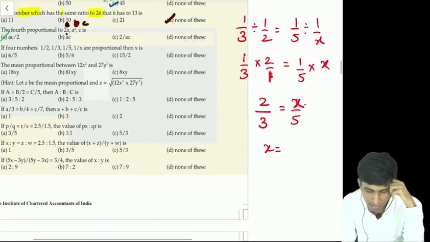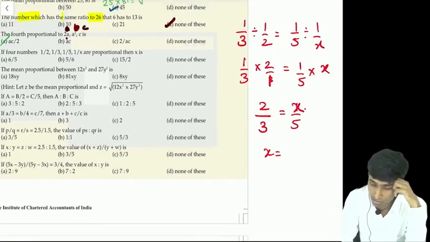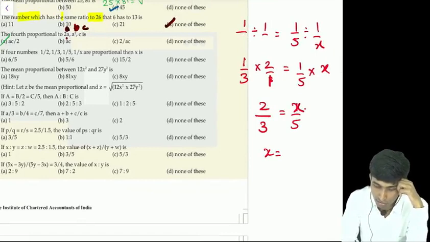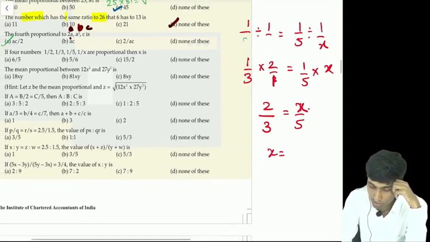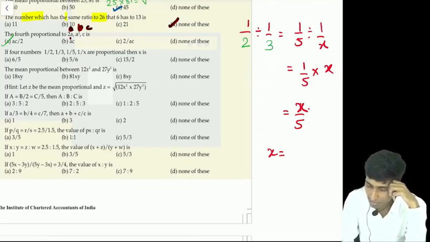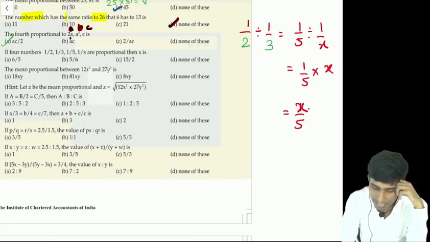Did I make any mistake? Oh, sorry. People are not saying, they are checking. Let him make a mistake, we will enjoy. It is 1 by 2 divided by 1 by 3, and 1 by 5 divided by 1 by x. So 1 by 2 into 3 by 1.